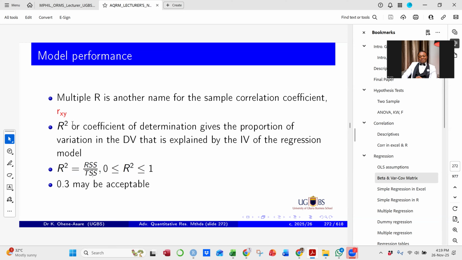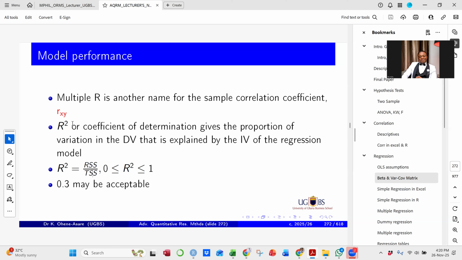The R-square tells you how much variability is in the regression data. It's also called the coefficient of determination. It tells you the percentage variation in the dependent variable as a result of all of the independent variables.